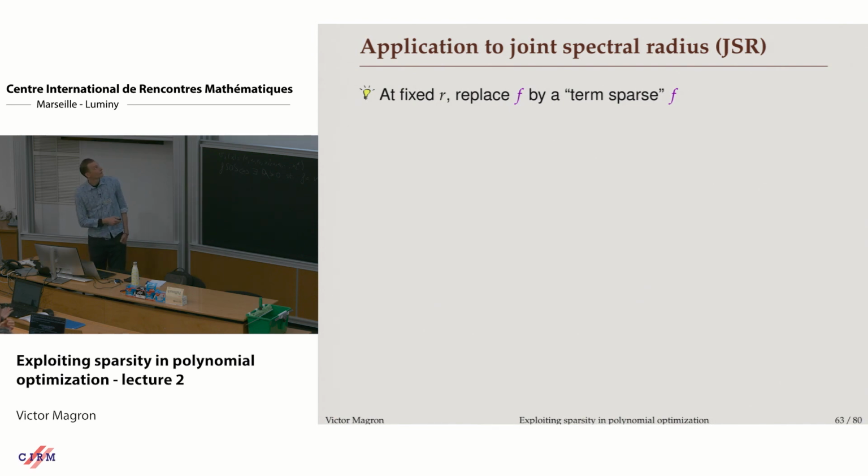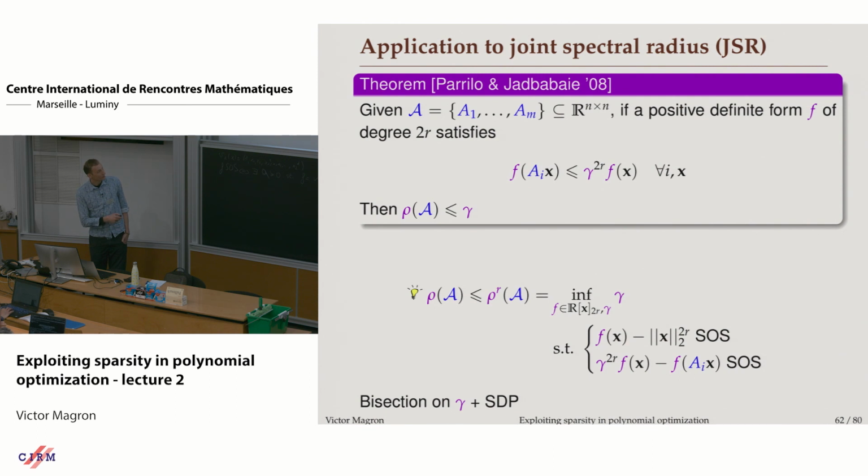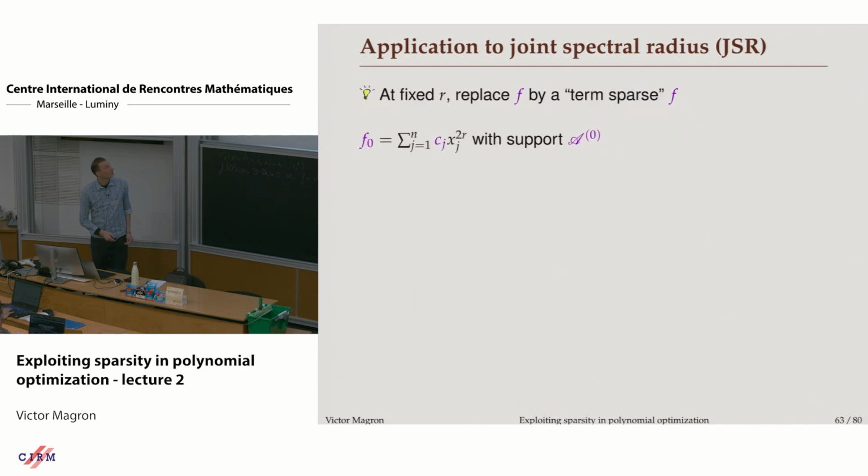So basically, you take this program here, and you just replace the condition to be SOS by the condition to be a sparse SOS. But the problem is that here you also need to do something on f, right? Because you also don't know f. So you need to fix a support in advance for f. So this is what we did. We took a stupid f. This stupid f is just a sum of powers of coordinates.